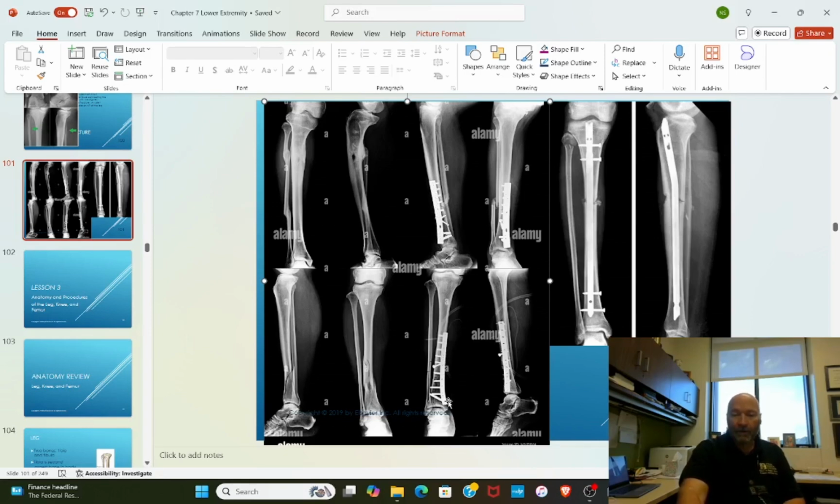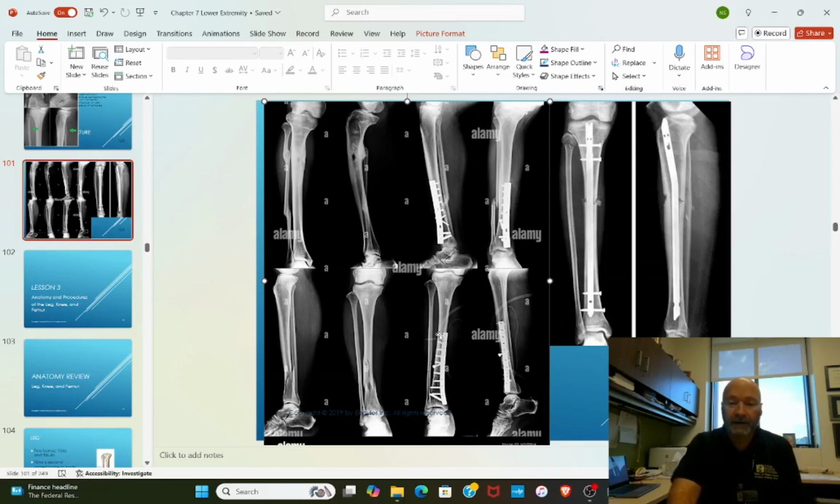Anytime that we have hardware, be it plates, screws, or maybe even a rod like what we're seeing over here, any kind of implant, anytime we're doing extremity work, we need to see proximal and distal to that. We need to see both ends of that, be it a prosthesis or a plate.